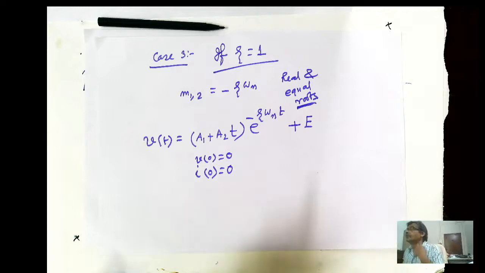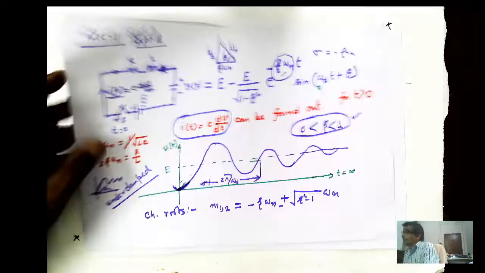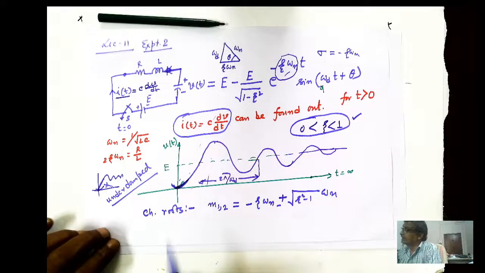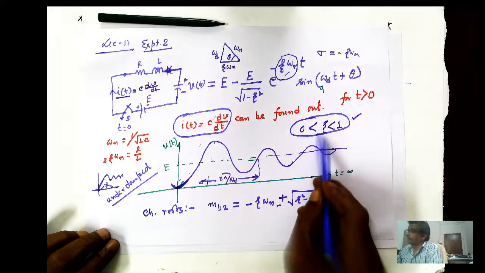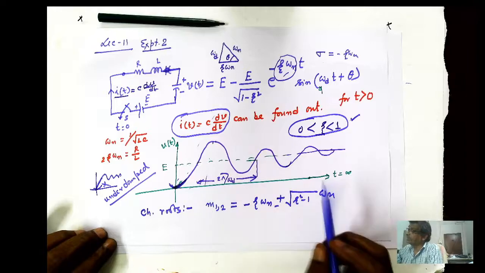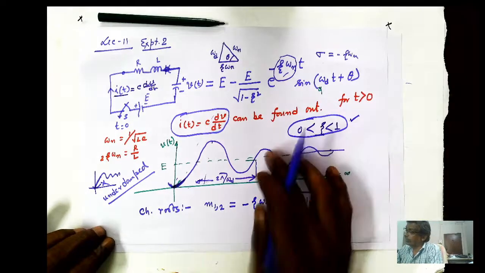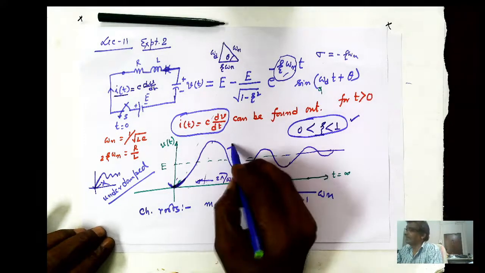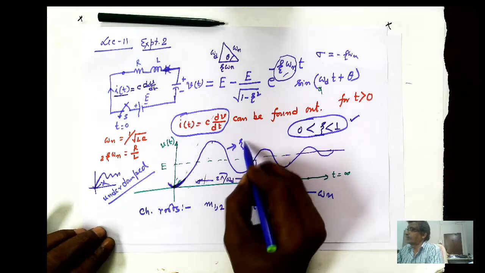So in essence, it is the value of zeta. For example, when the roots are complex, zeta lies between 0 and 1. This is for one value of zeta, say zeta equal to 0.5.